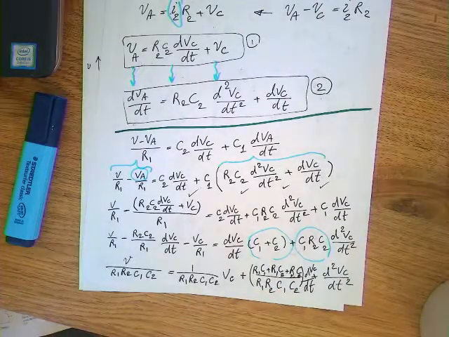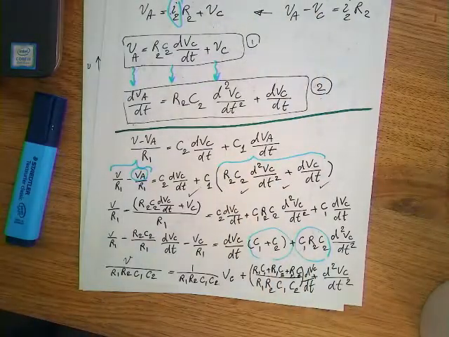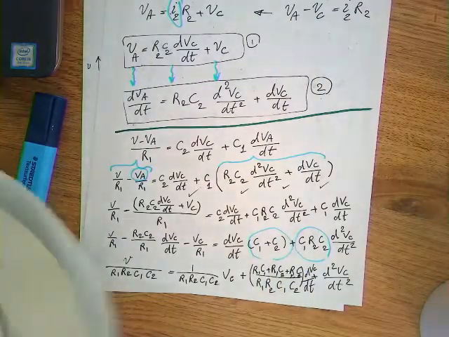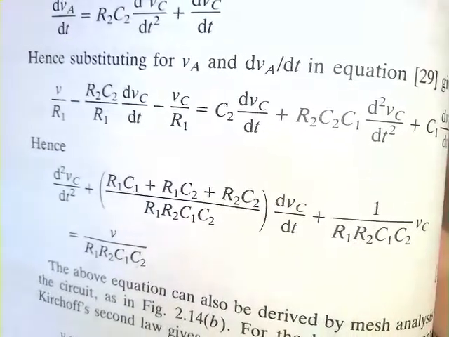So that would be the final equation. I'm going to show it in the book because that's written way cleaner than mine. So that is the equation. That's the end. This is the first approach.